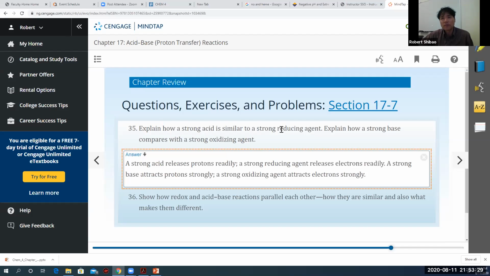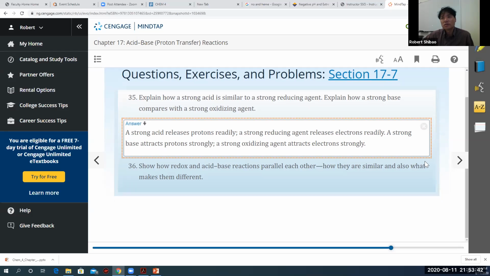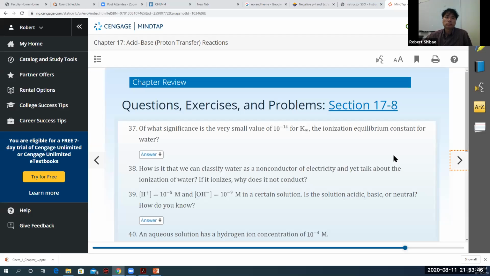Oh, here, you're right. I should read these more carefully. Strong acids lose hydrogen easily, and strong reducing agents lose electrons easily. Reactions are different though.